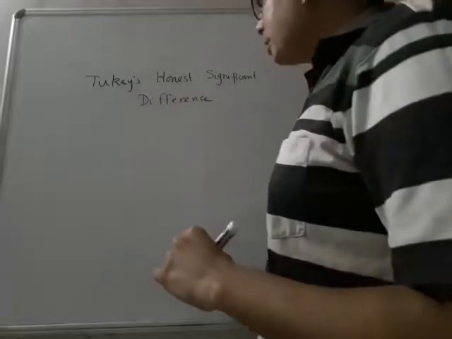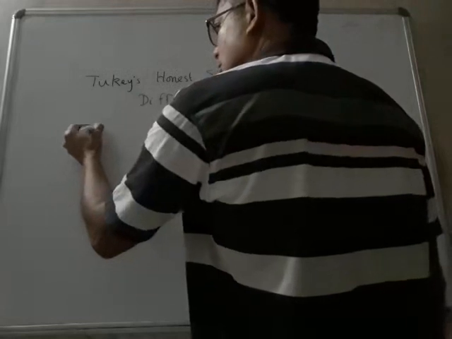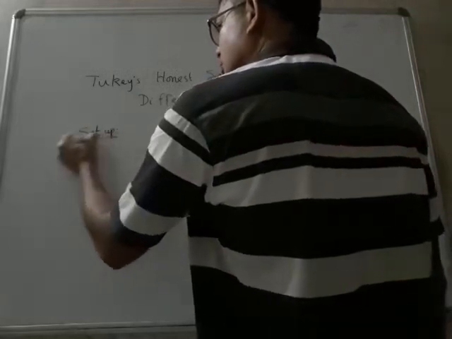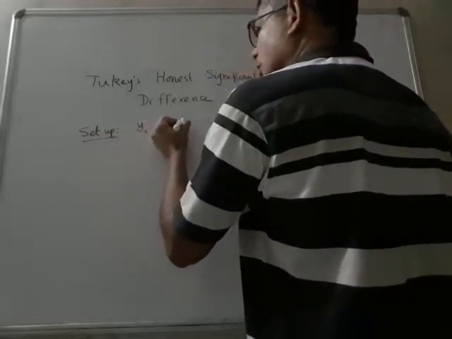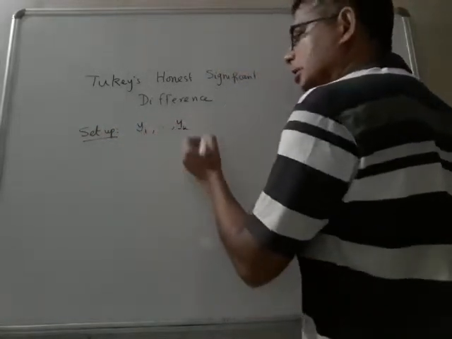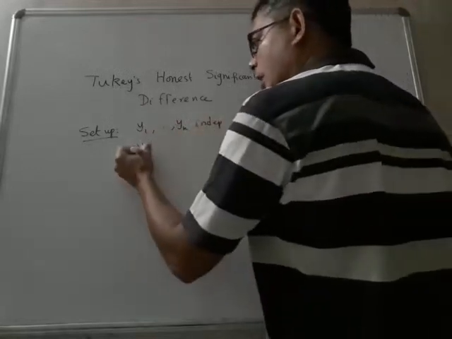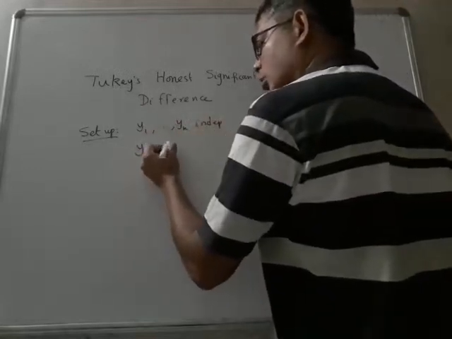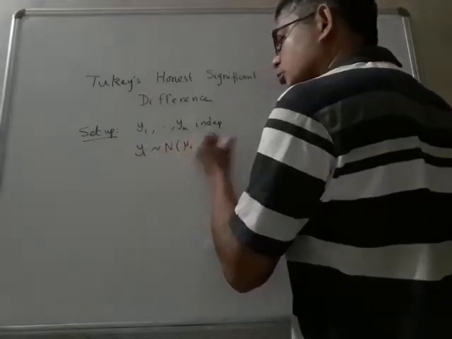So in this technique, we have the following setup. The setup is this: we have some y1 to yk, they are independent, and yi follows normal mu i, sigma squared.